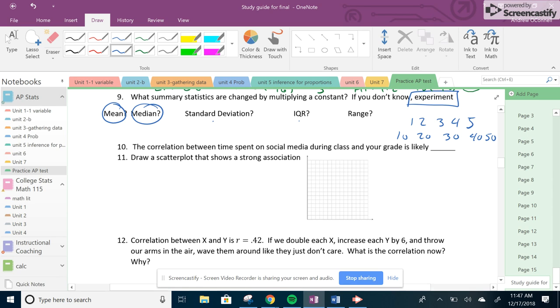The range of the first data set is 5 minus 1, which is 4. The range of the second is 40. So range changed, and range measures spread. That means anything that measures spread changed. IQR changed.